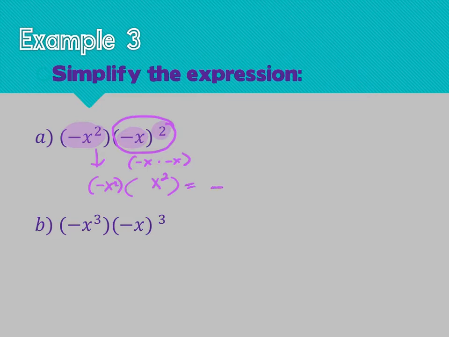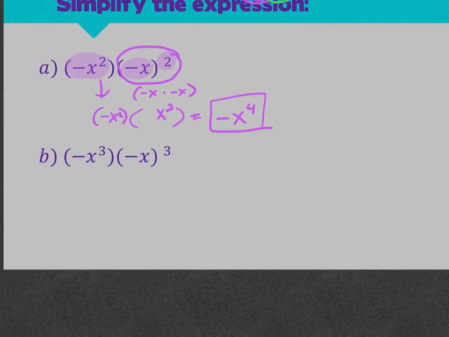X squared times x squared is x to the 4th. So be careful and make sure you take care of any exponents on the outside before you multiply. Think about PEMDAS, right? My exponents come before my multiplication. So take care of your exponents first.